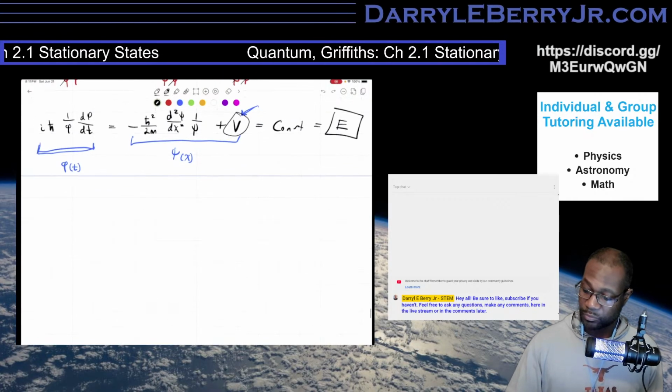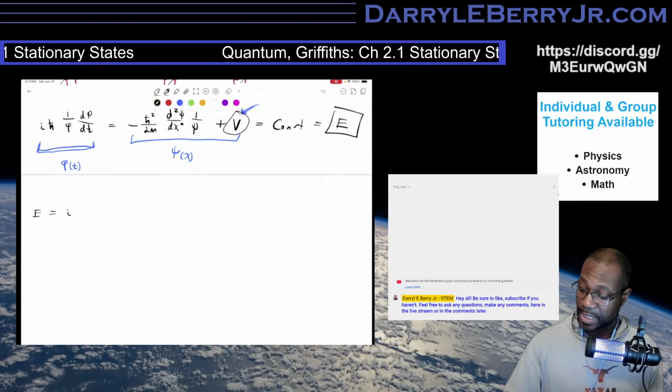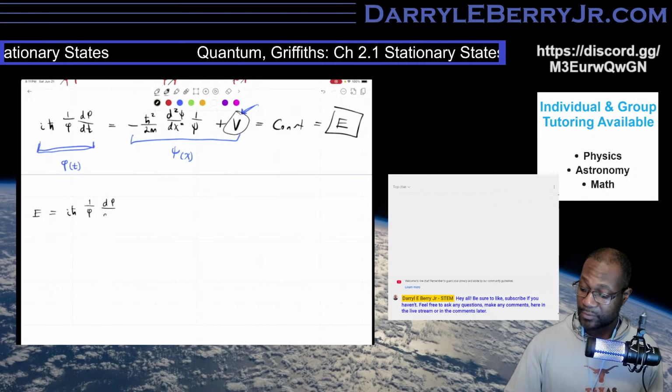So I'm going to rewrite this as two differential equations. E equals i h bar 1 over psi d psi over dt.